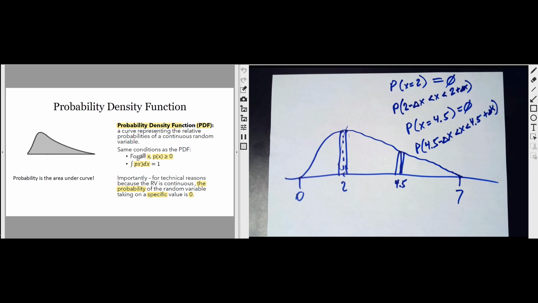Those two properties are what define something to be a continuous distribution: that the probability of x is greater than or equal to 0, and if we integrate over the range of all the probabilities, the integral has to be 1.